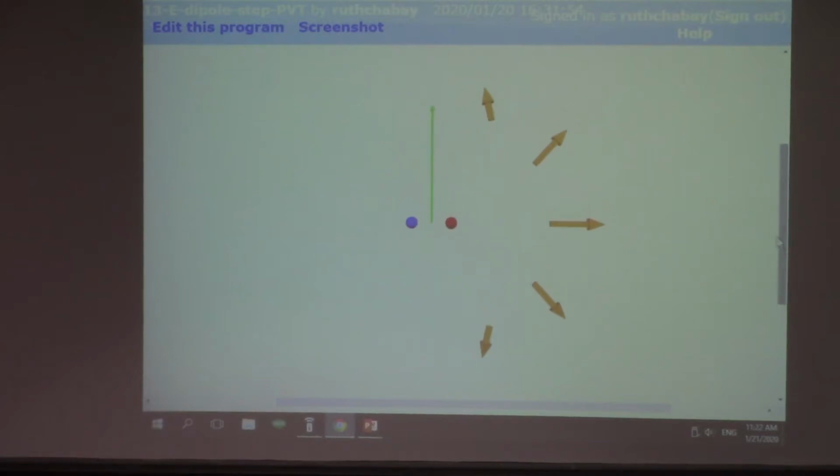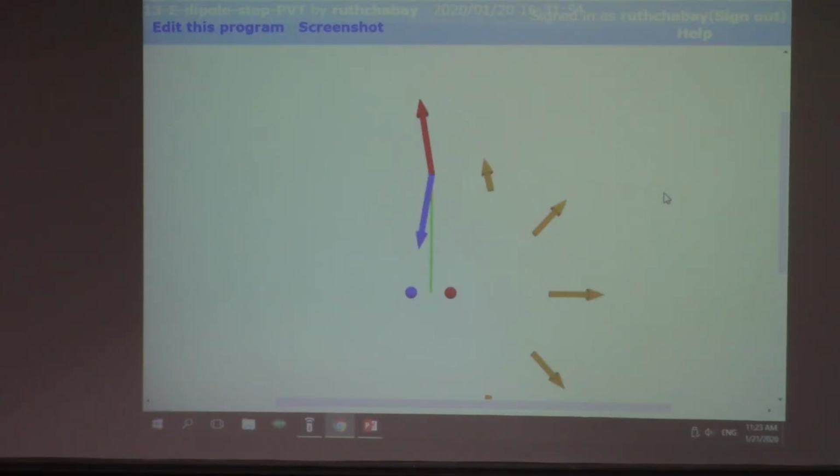Now we're at an interesting location because we're equidistant from the two charges, right? So can you see what's going to happen here before we actually do it? Imagine the contribution of the positive charge. It goes like that. The contribution of the negative charge like that.